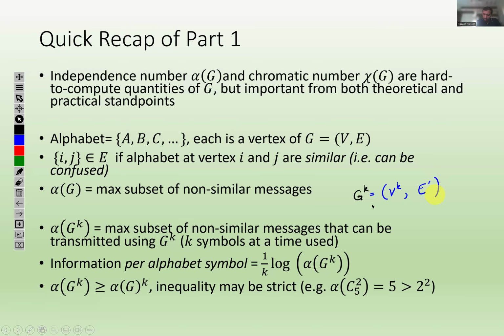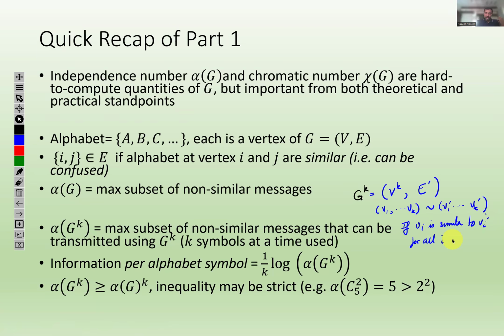There is an edge in the graph G^k between (V1, ..., Vk) and (V1', ..., Vk') if Vi is similar to Vi' for all i. When I say similar, I mean either there's an edge in the original graph or Vi is equal to Vi', that is, they're the same vertex.